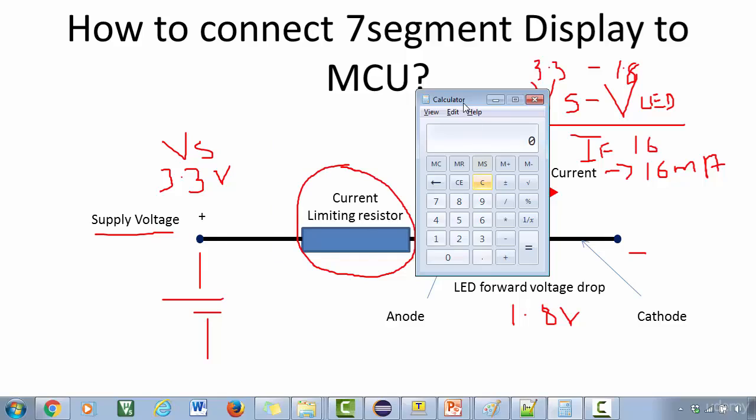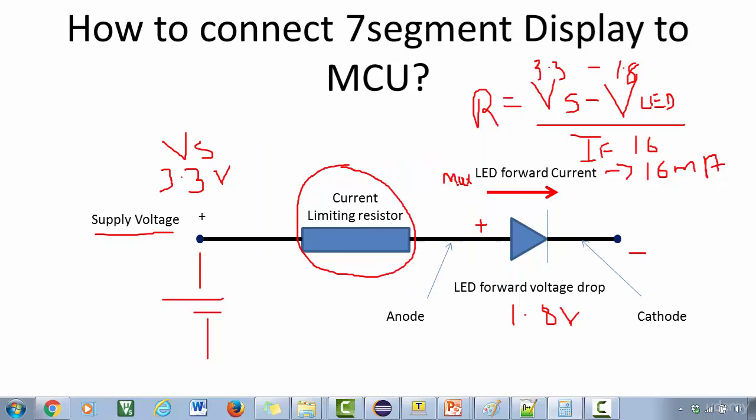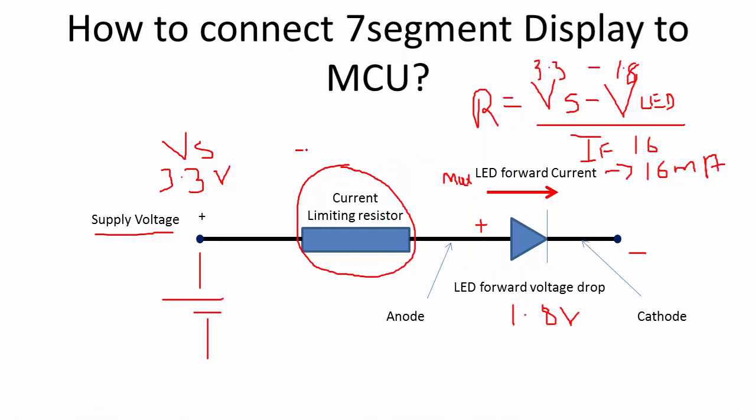Let me open the calculator: 3.3 minus 1.8, divided by 16, times 1000. So you should use a resistor of approximately 100 ohms. If you use 100 ohms in this scenario, your LED will be guarded.